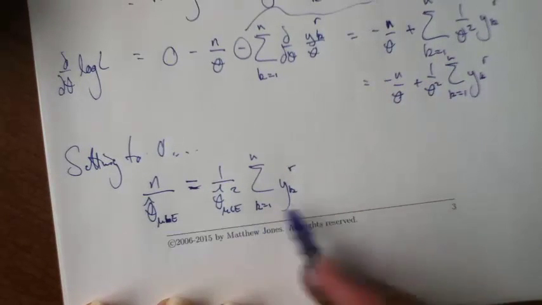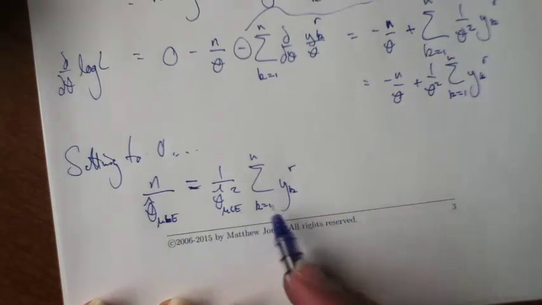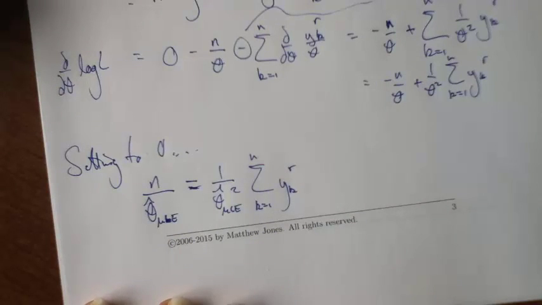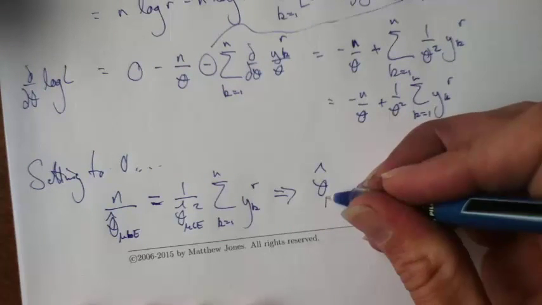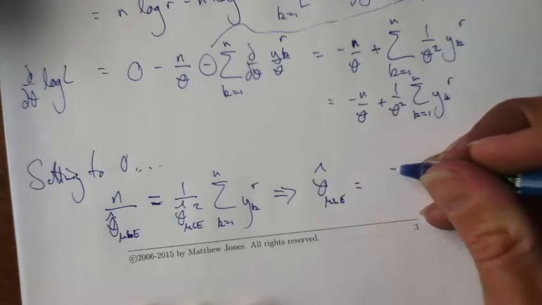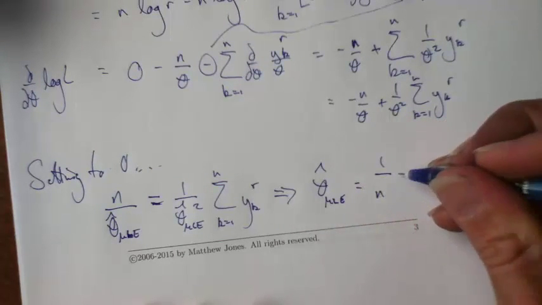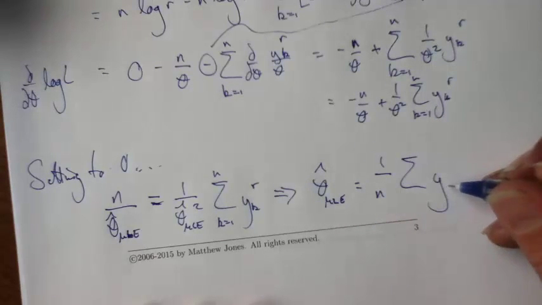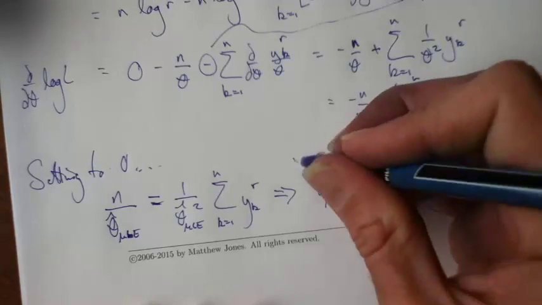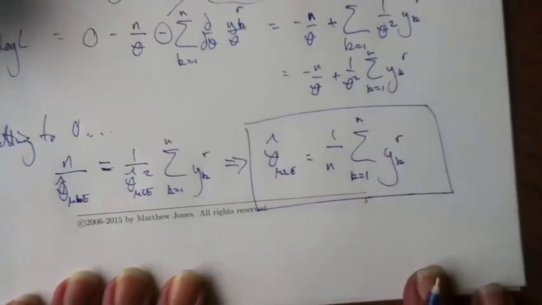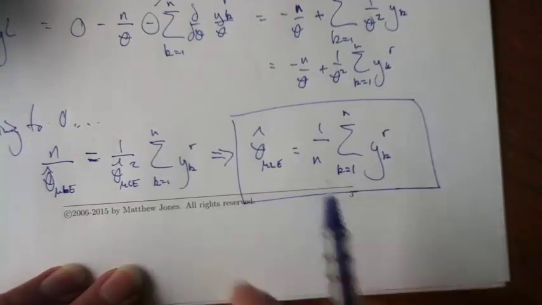If I multiply through by theta hat MLE squared, and then divide by n, I get here's my solution. So this is my maximum likelihood estimator for theta in this case.